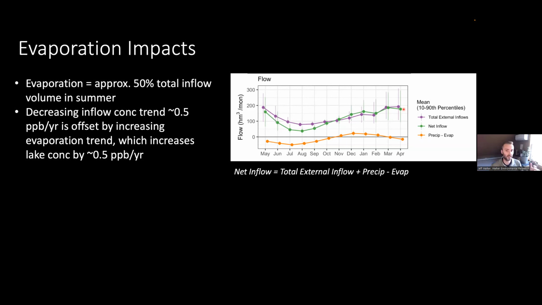So our decreasing inflow concentration trend is offset by our increasing evaporation trend, which is causing the lake to become more concentrated in the summer. This was a pretty interesting new result that we hadn't found before.